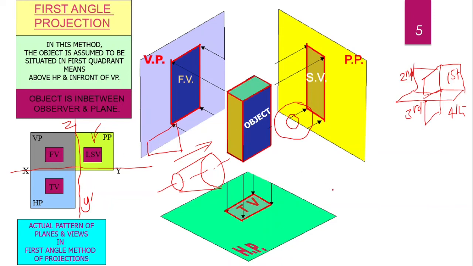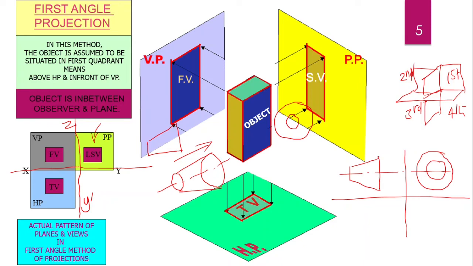The front view is like a trapezium, and the side view is two concentric circles having diameters equal to the two vertical sides of the trapezium. Actually, this is the representation of first angle projection in ordinary drawing sheets.